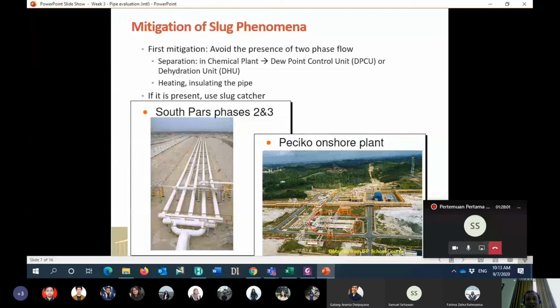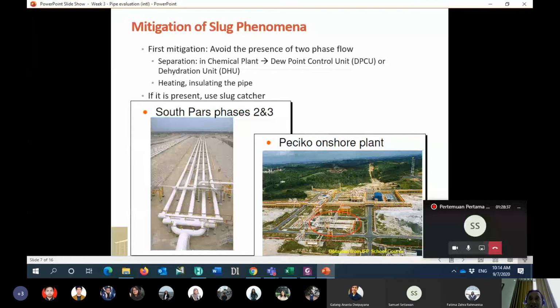The second one, try to transform your two phase into single phase, for example by dehydration. If you have liquid, probably it consists of water, so your gas is wet gas because it contains water. Try to remove the water. How to remove the water? In the plant, we have a unit called the dehydration unit, or DHU.